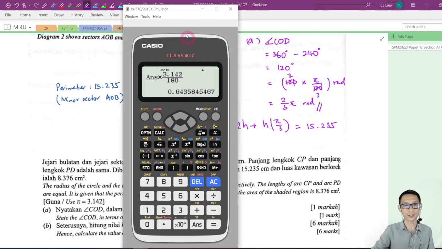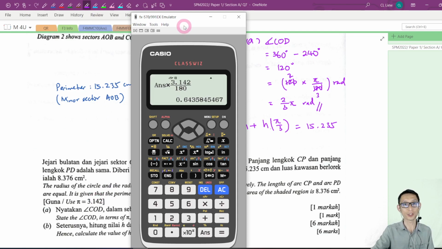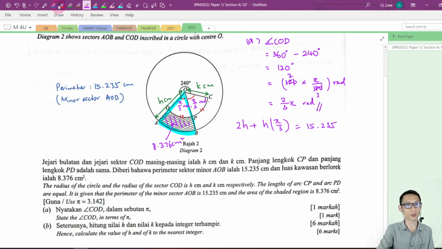Now, we just find the value of h. Just press your calculator and we use pi equal to 3.142 given by the question. So here, for the bracket, we just press 2 plus 3.142 over 3. Okay, so you will be able to get this one. Let me write the fraction, 14571 over 1500.